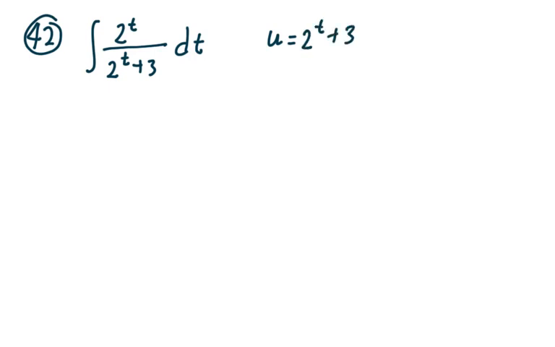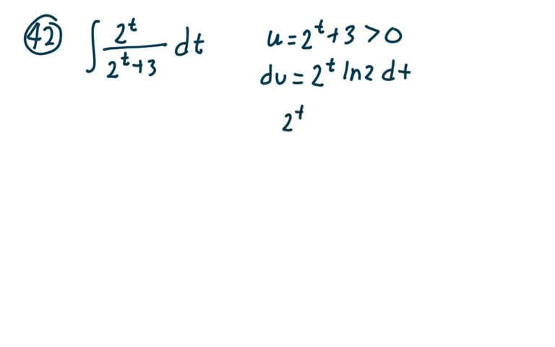So on 42, we have the integral of 2 to the t divided by 2 to the t plus 3 dt. I'm going to let u equal 2 to the t plus 3, which again is always positive. du is 2 to the t natural log of 2 dt.